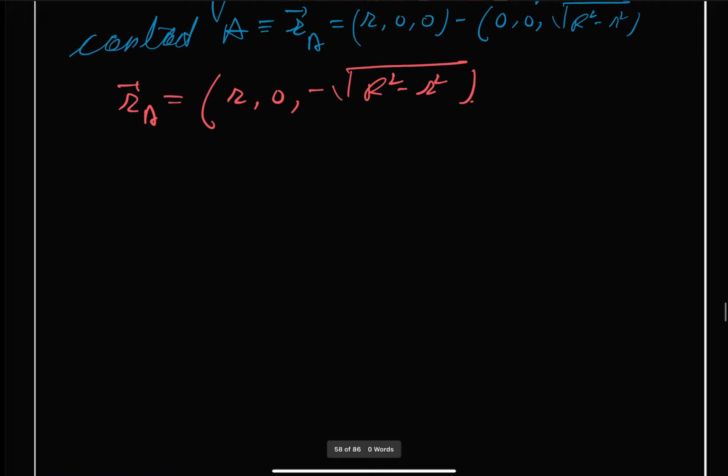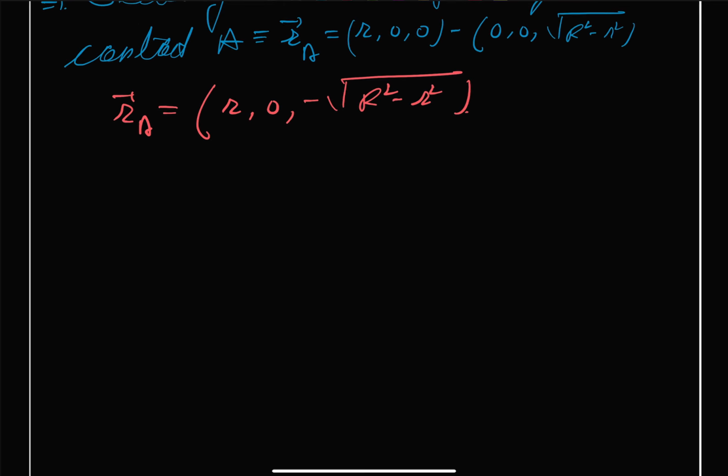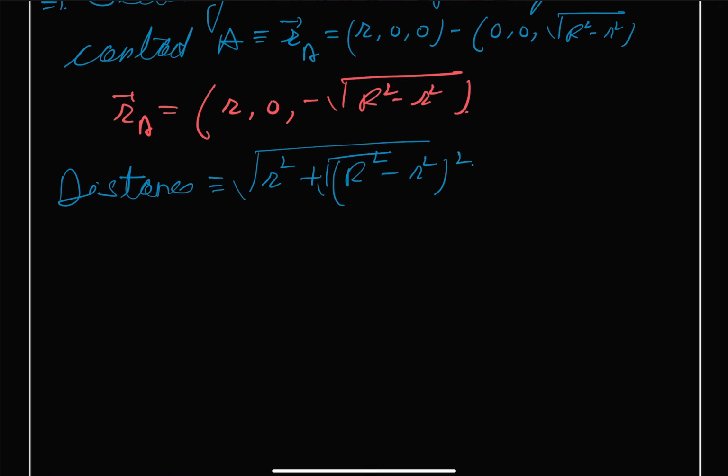And we know that the distance will be equal to the square root of r square plus R square minus r square. This is a square root and this is a whole square. So the r square cancels out, and this comes as our R.